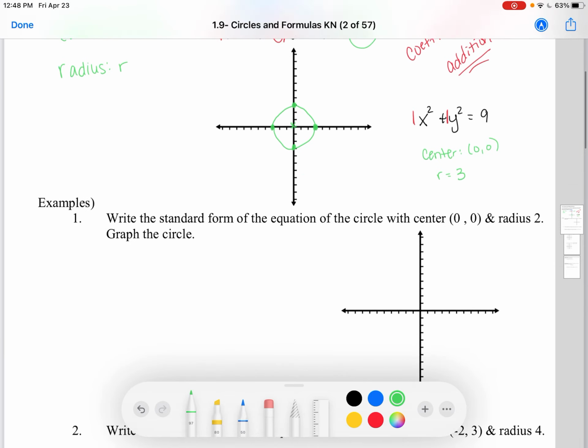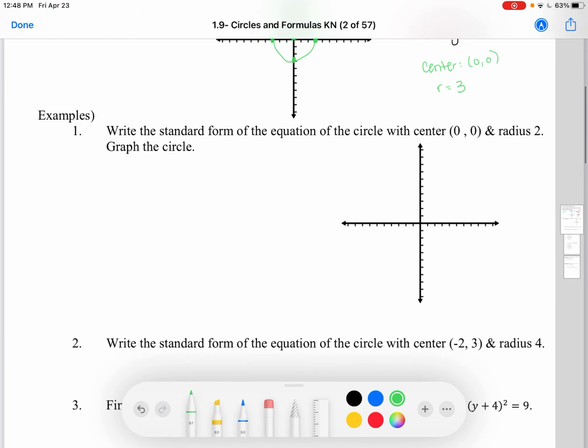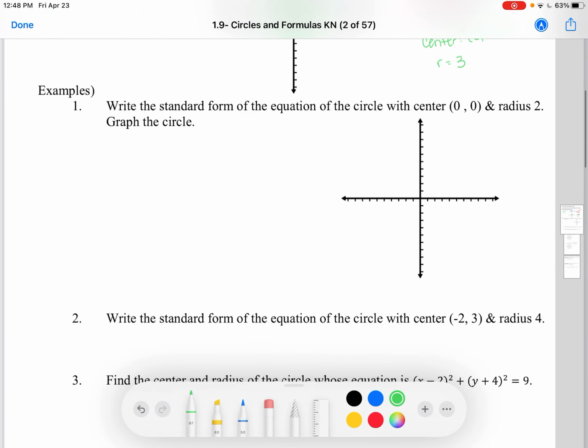So now looking down, we're going to go ahead and do a few examples. Question 1 says, write the standard form of the equation of the circle with the center at (0, 0), so they just told me my h and my k, and a radius of 2, which they just told me my r.